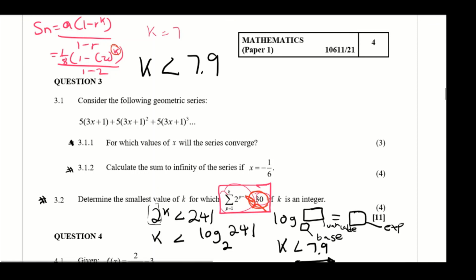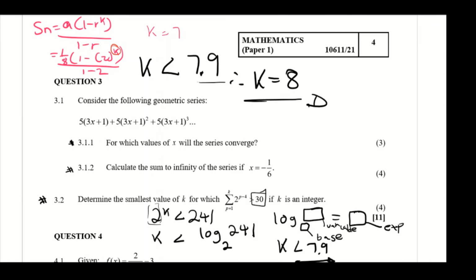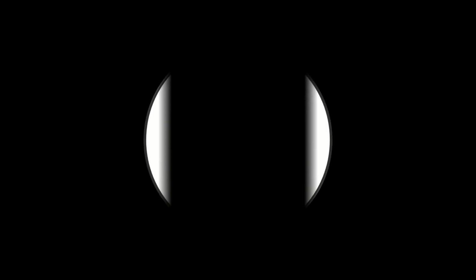So if it doesn't, it means your k value must be greater than that one. Like you can test 7.9 and see if it's going to give you a value that is greater than 30. If it doesn't, you're looking for a greater value than 7.9, which is the case. So if you say k equals 8, it will definitely give you a sum that is greater than 30. So this would be your final solution of k.